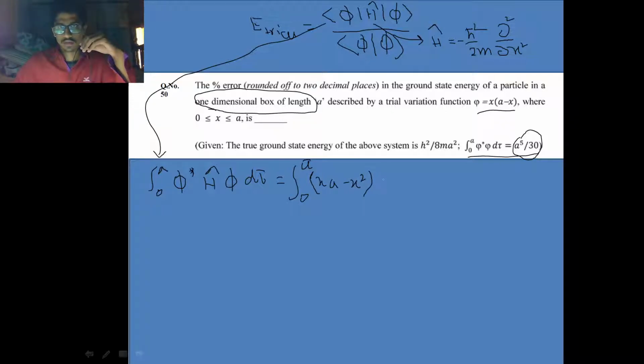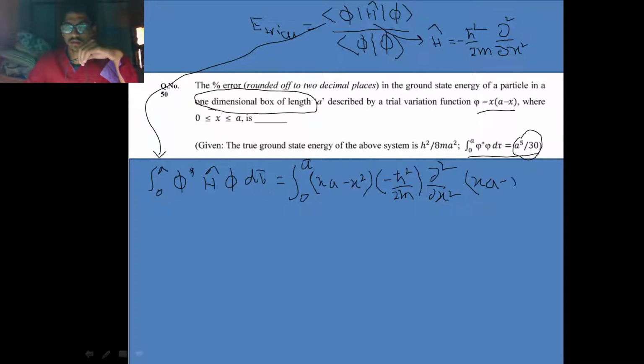The Hamiltonian is minus h cut square upon 2m into del square upon del x square, and the phi is x into (a minus x), and here d tau is nothing but dx, because we are talking about a one-dimensional box.